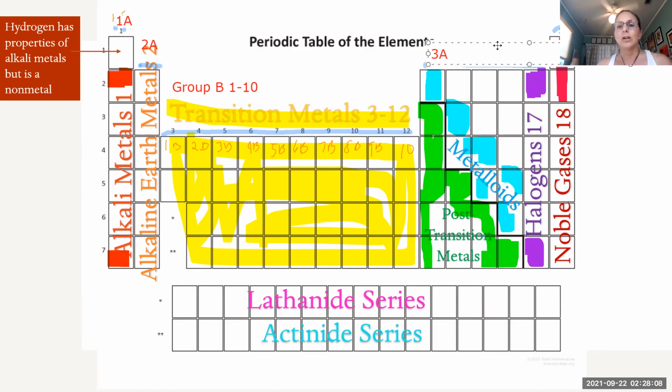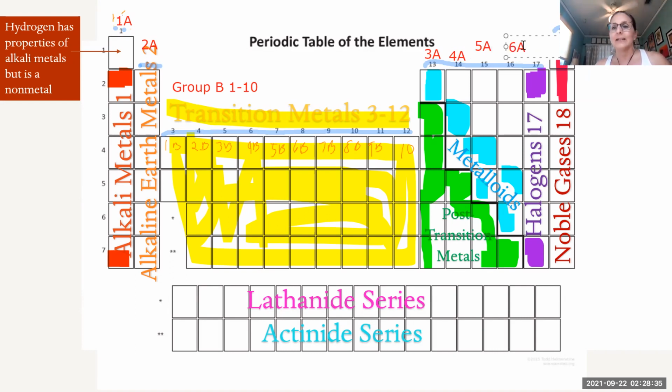So it's like the transition metals are the B's and the rest of it are the A's. And then this is 4A, okay? And then we have 5A, okay?